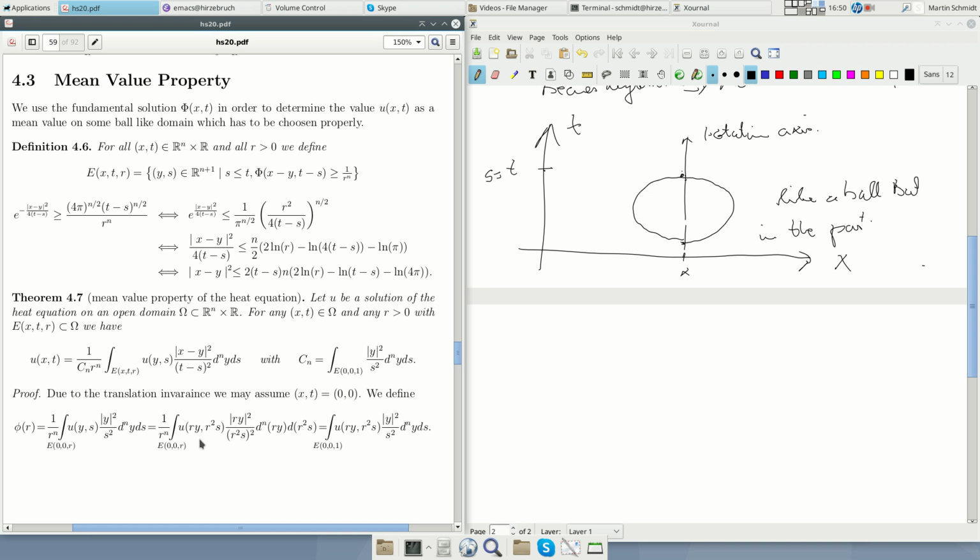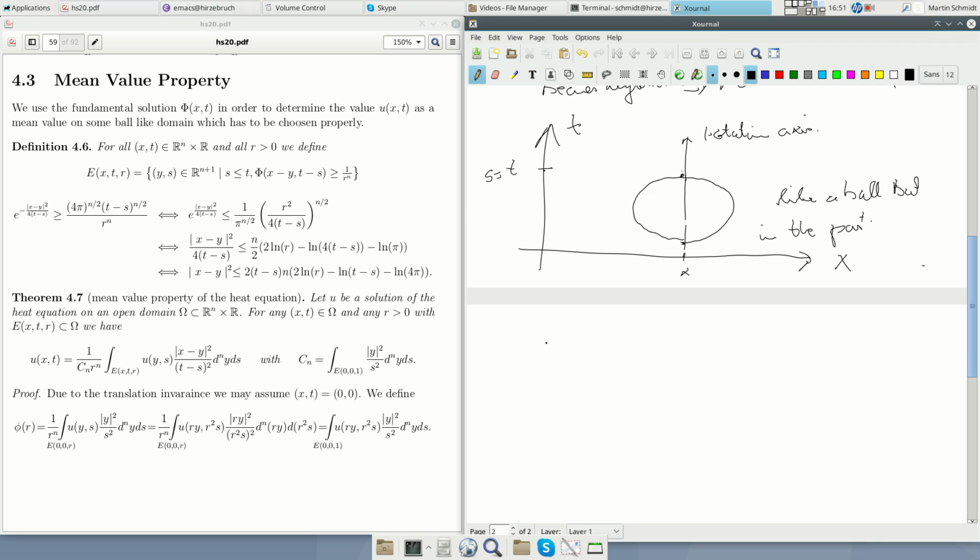First of all, if we look at phi, and if we multiply the arguments with a constant r, so if we multiply x by r and t by r squared.